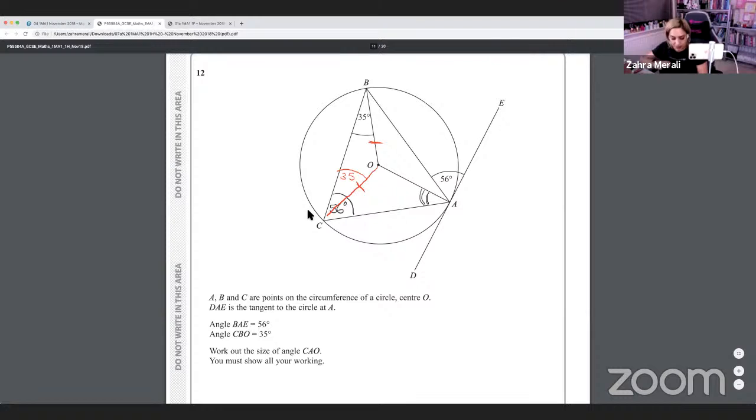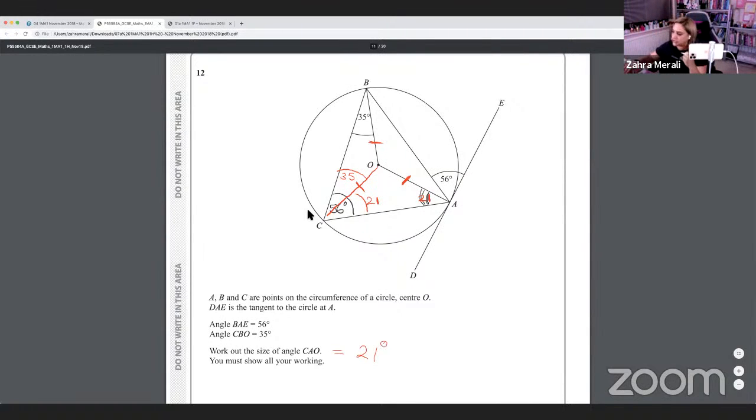Therefore, obviously you're writing it all out step by step, this bit here is going to be 21. Now, because you've got your base angles again, two sides of the same, because again they're radii of a circle, this is also going to be 21. So your angle of CAO is 21 degrees.